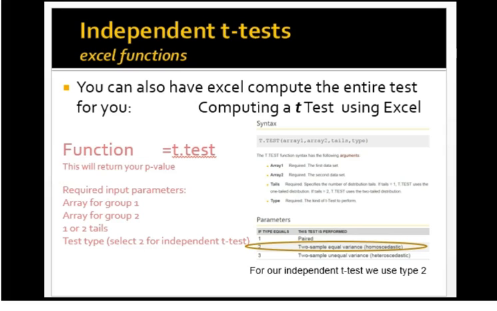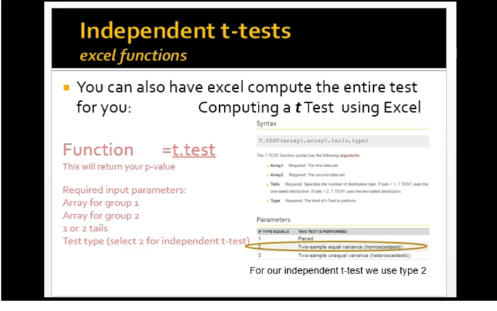But Excel also has other functions associated with the t-test. If you have all of your observation data included in a spreadsheet already, you don't have to go through calculating the formula. You can just ask Excel to give you the results of a t-test, and we just use the t.test function.